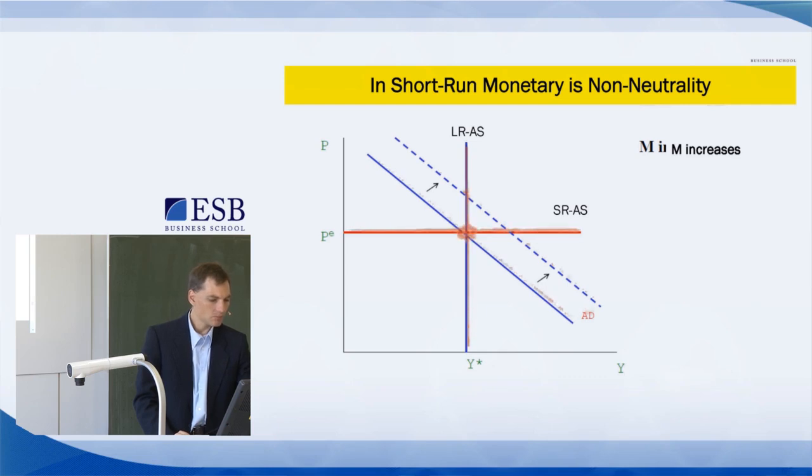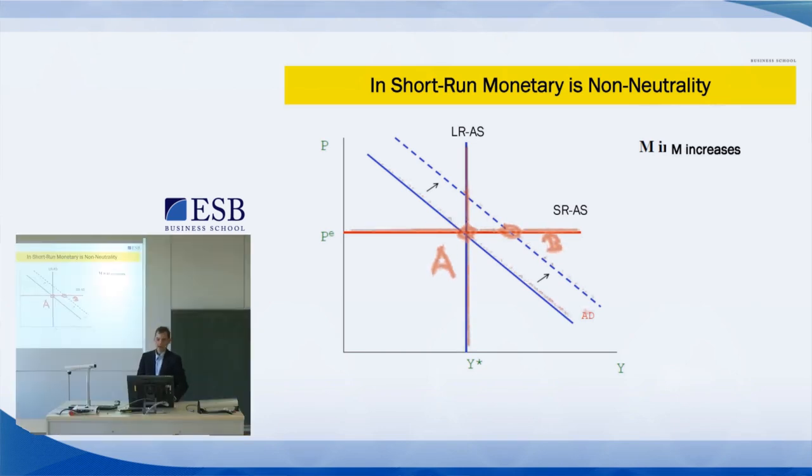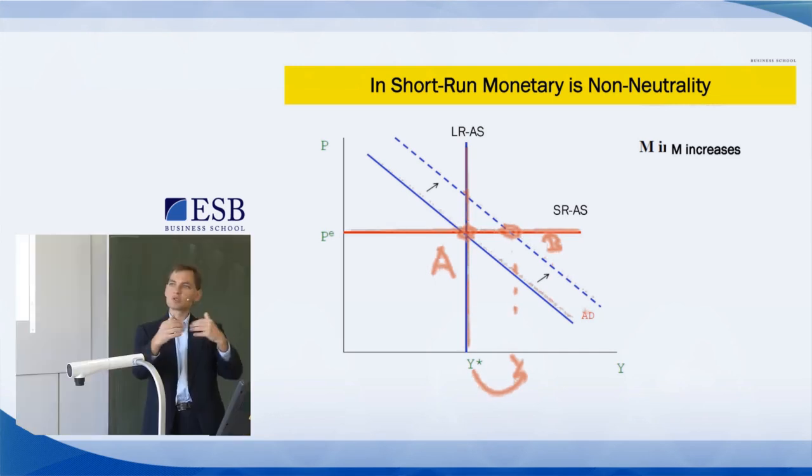So we started in point A, and now, after the increase in money supply, the AD curve shifts to the right, and we are in point B. Well, what we can see immediately now, in the short run, we are on the short run curve. In the short run, that leads to a higher output, to higher GDP. So monetary policy helps to stimulate the economy in the short run.